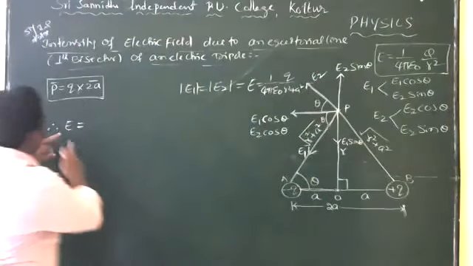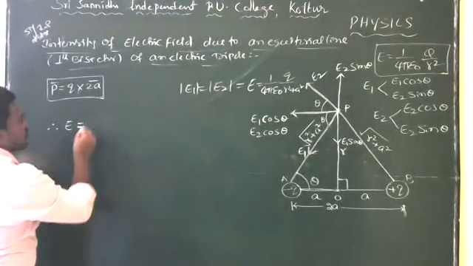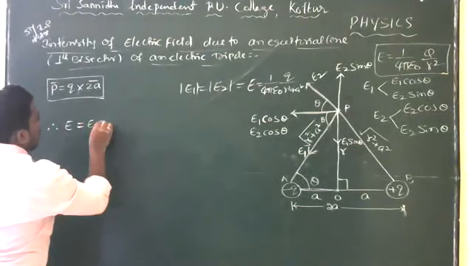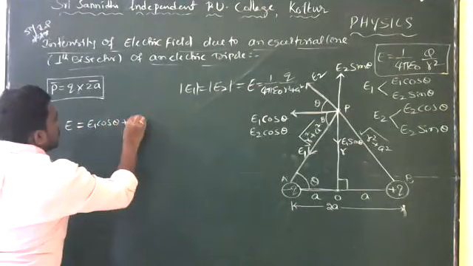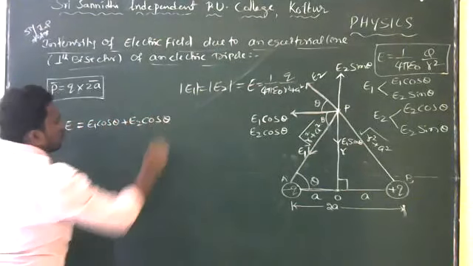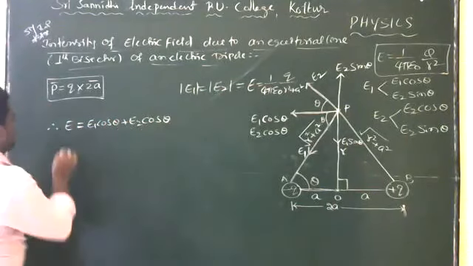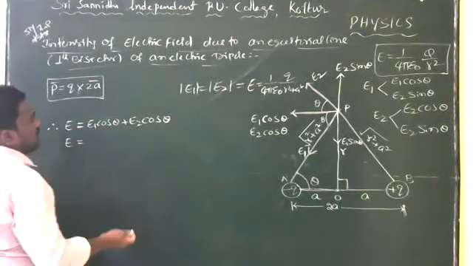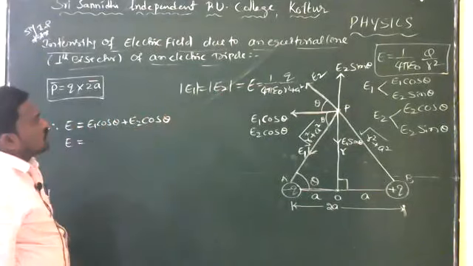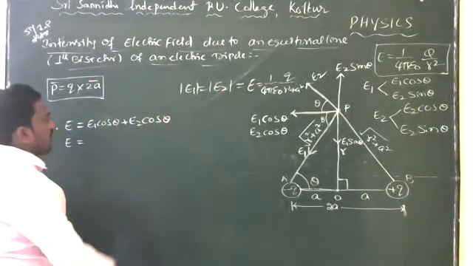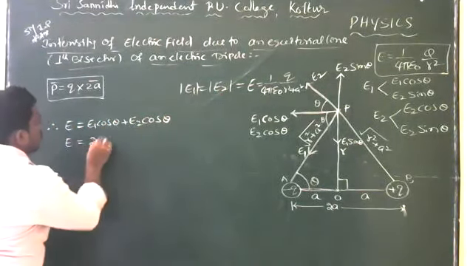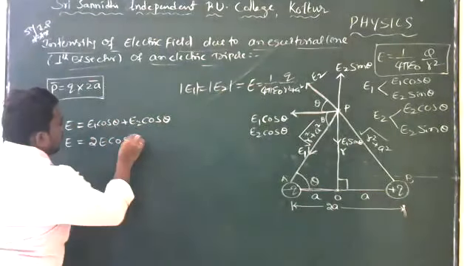Therefore, the resultant electric field at point P is E1 cos theta plus E2 cos theta. Since E1 is equal to E2 is equal to E, this is 2E cos theta.